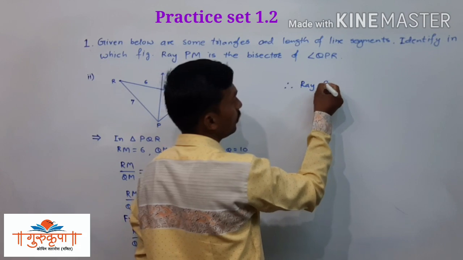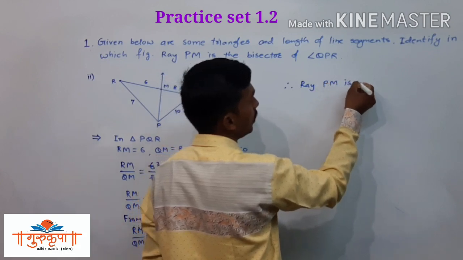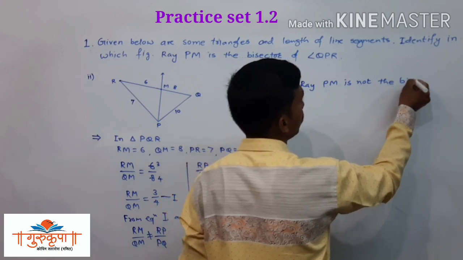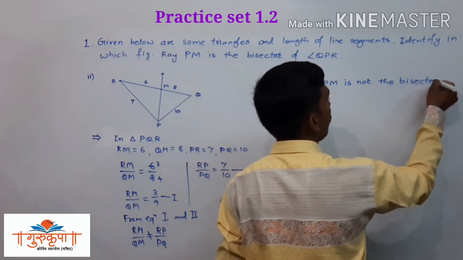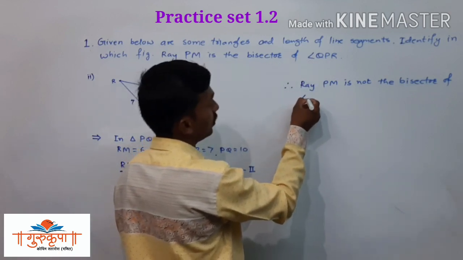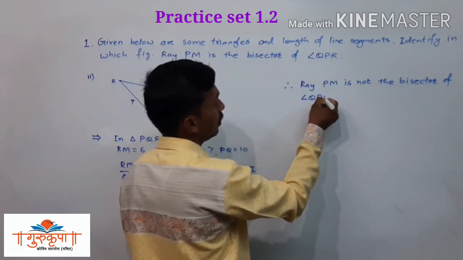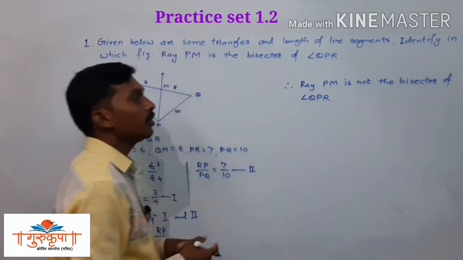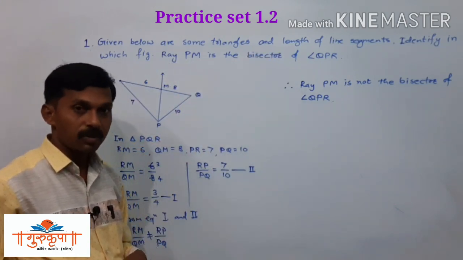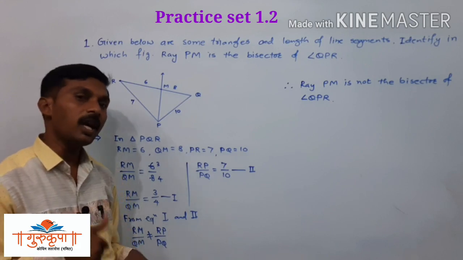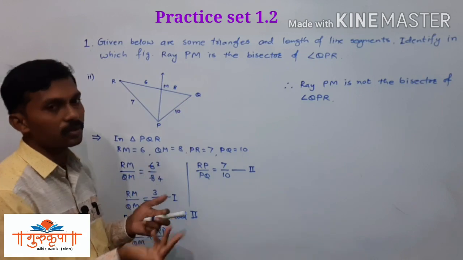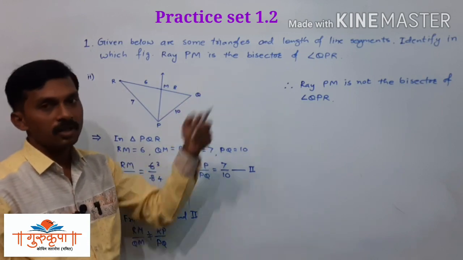Ray PM is not the bisector of angle QPR. Here no need to write by using the converse of angle bisector property. If it is applied, then only we have to write that, and if it is not applied, why would we write that reason there?